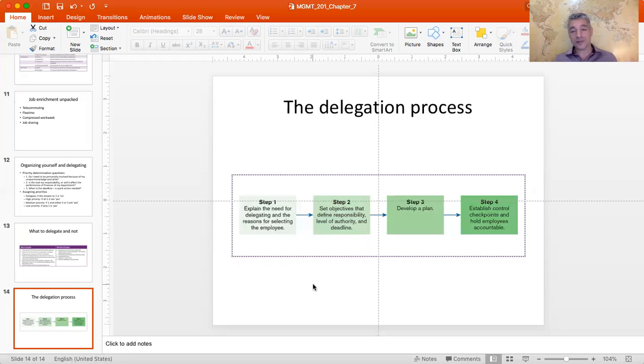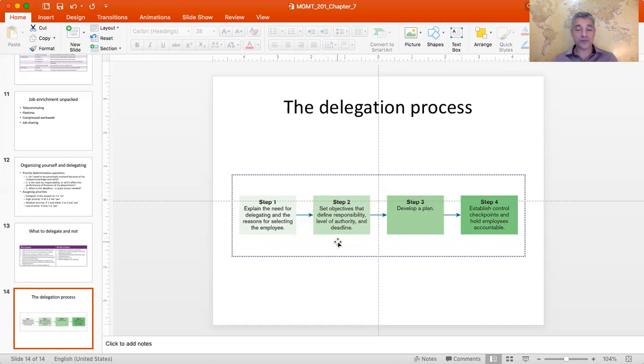Once you've identified who you'll be delegating the task to, you need to explain the need for delegating and the reason for selecting the employee. The employee needs to know that this is sort of an honor, right, that they have been assigned this specific task that initially was just your responsibility. So that will actually help to get the person motivated.